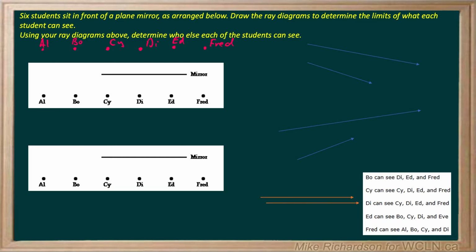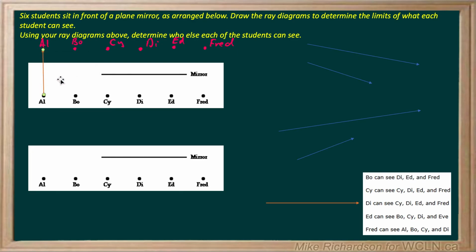So we've already got our pink images all drawn there. Now if I simply go back, and notice I've got some vectors already pre-made over here, or some arrows already made. If I start, for example, at Al, and let's just put Al's light ray there. What can Al see? Can he see himself in the mirror? Well, obviously, if I send a ray of light up to his image, it doesn't even hit the mirror.